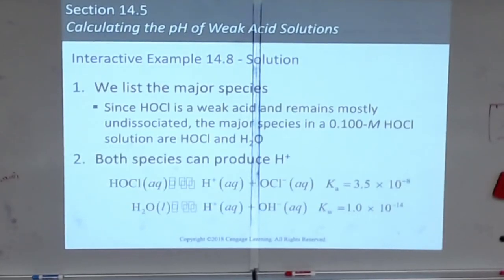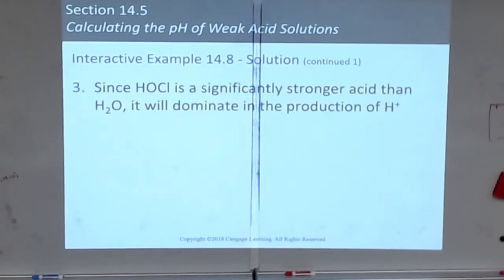Looking at these numbers, Ka versus the Kw, which one's going to be stronger? This is a significantly stronger acid. It's going to dominate in the production of the hydrogen ions, so it's the one we're going to consider.